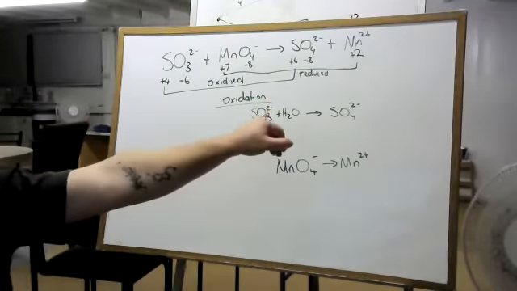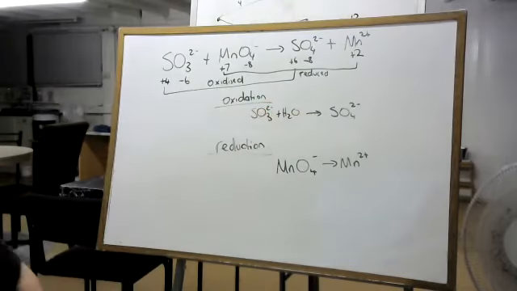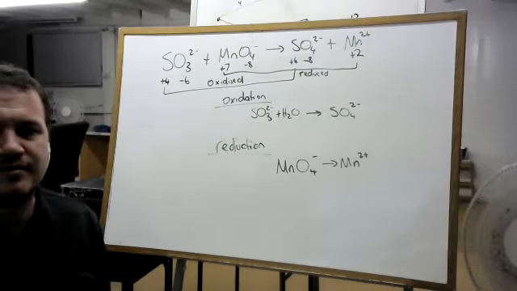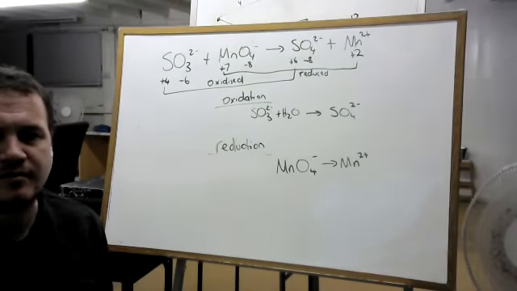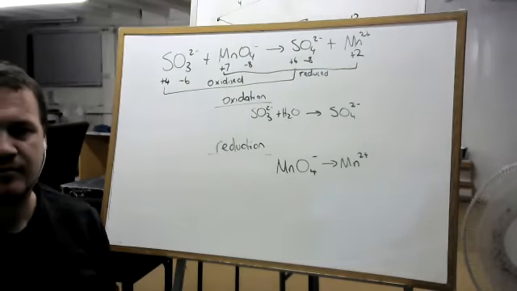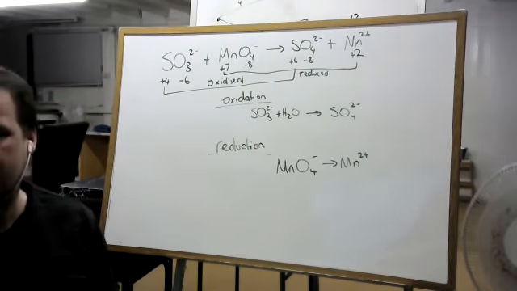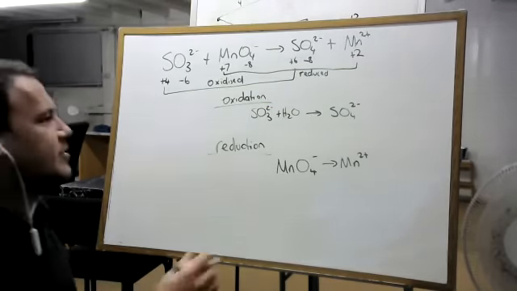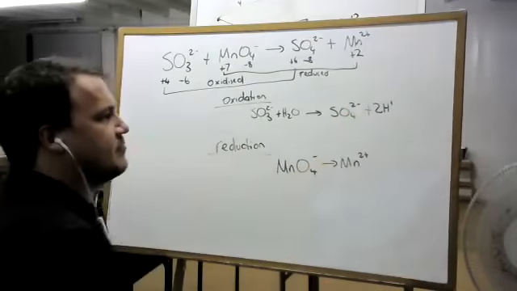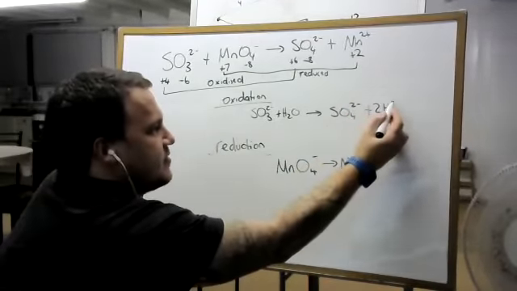So now we've balanced the oxygen, but what is unbalanced? So our hydrogen, so we can add 2H+. Remember, it's an acidic solution first.